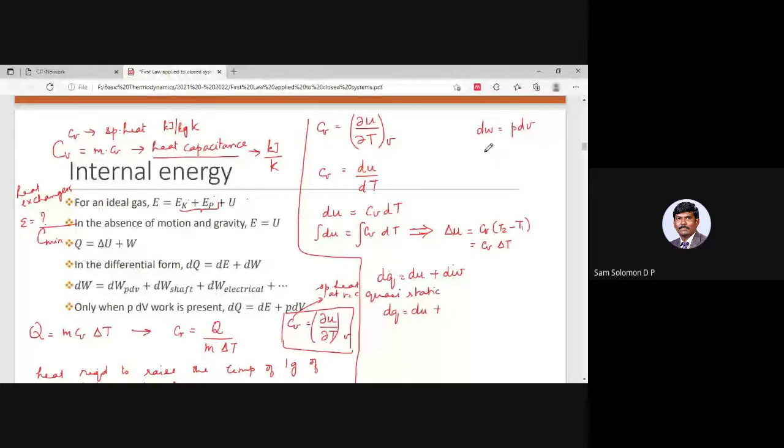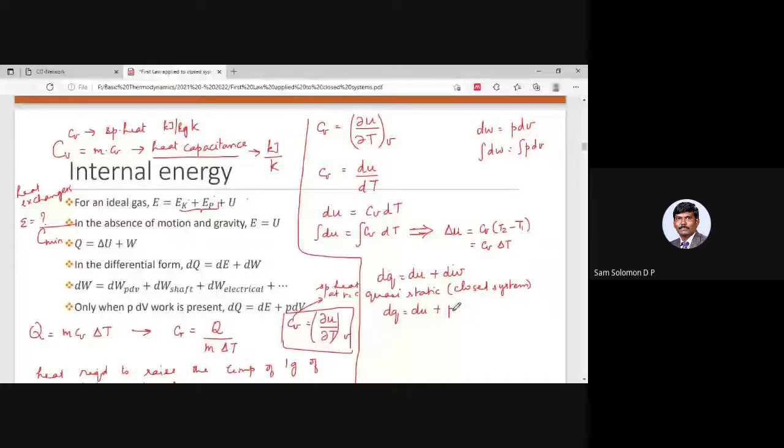Integral dw will be integral pdv, but now we are just talking about dw, so it is simply pdv. So because it is quasi-static and the system is closed, I can replace dw with pdv.